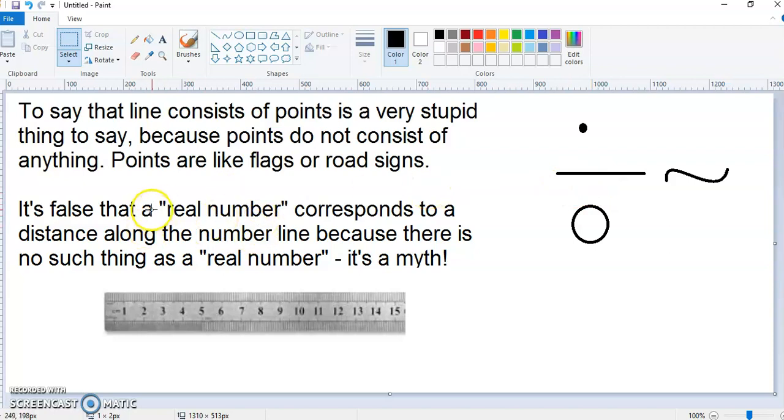Now, it's also false to say that a real number corresponds to a distance along the number line. So you can't say that pi is a real number that appears somewhere around here, because pi is not a number at all. It's a magnitude, okay? And so perhaps a correct statement would be to say that every magnitude corresponds to a distance on a number line, okay?